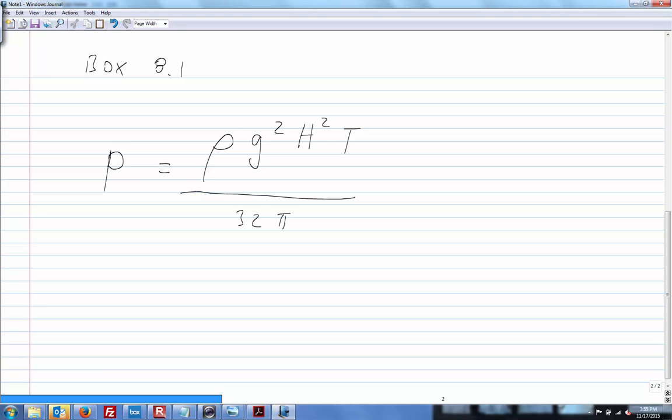And the authors don't derive this. Off the top of my head, I don't know exactly where the 32 comes from. It could come from an integration. If you look at this, it's kind of a funny combination.